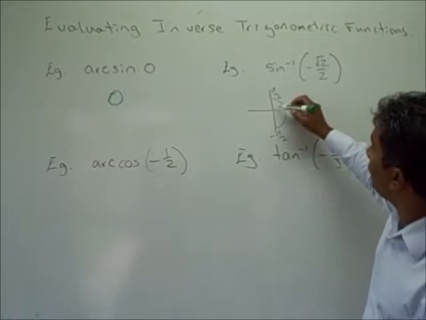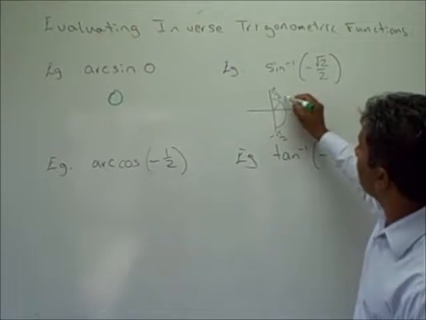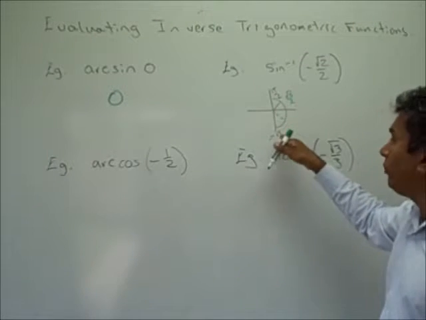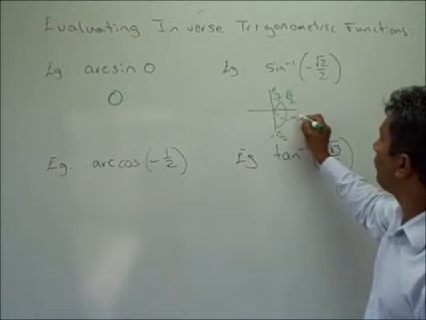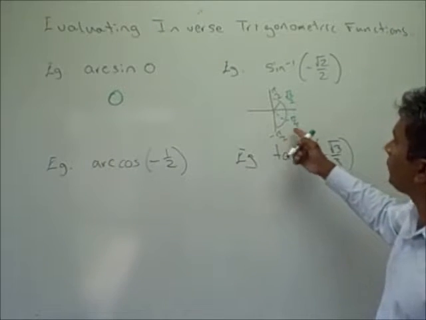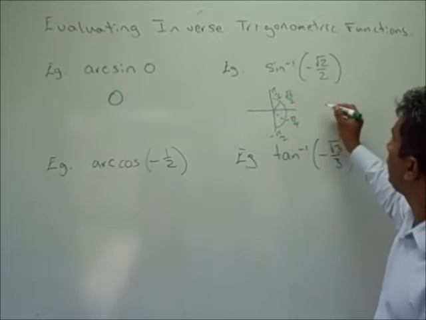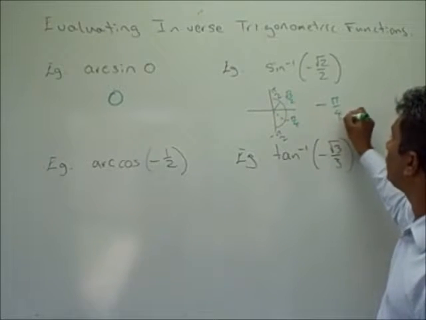So we know in our first quadrant, sine is equal to the square root of 2/2. Here, in the opposite direction, this would be -pi/4, which would give -√2/2. So our answer here would be -pi/4.